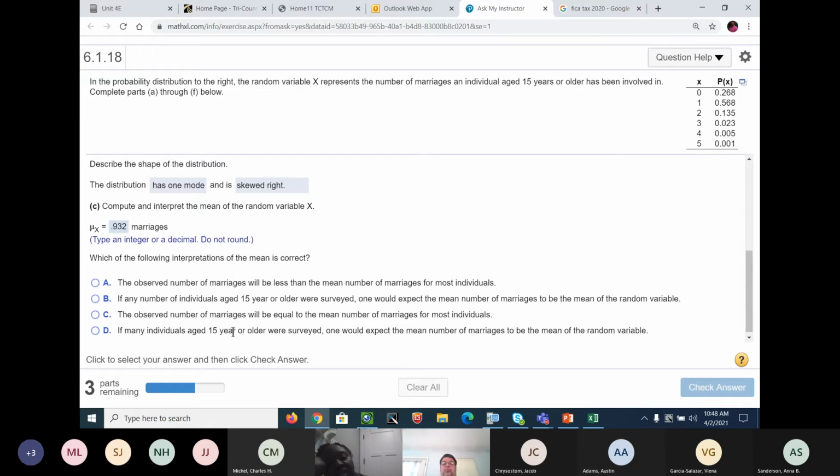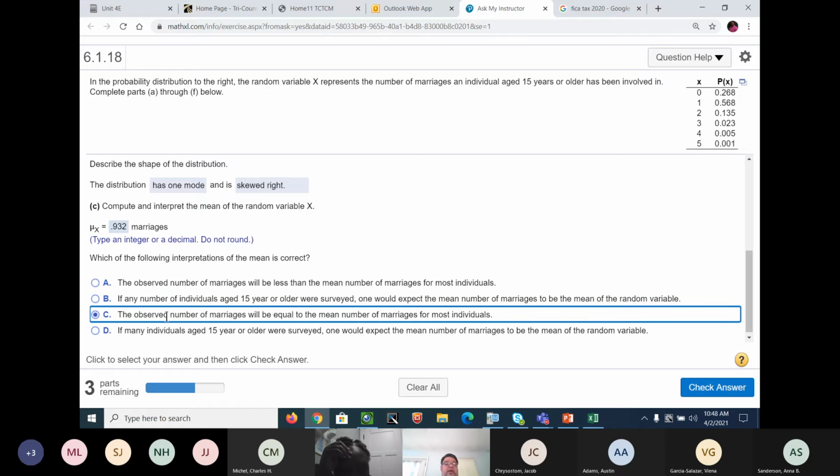That could be an answer. I would say probably, let me see. D. If any number of, I'm looking at the difference between these two. Surveyed, one would expect the mean number of marriages to be the mean. Well, that says the same thing, doesn't it? Oh, if any number, is it B? If many individuals. Okay, it could be B or C. I'm gonna go with C because it's more vague.